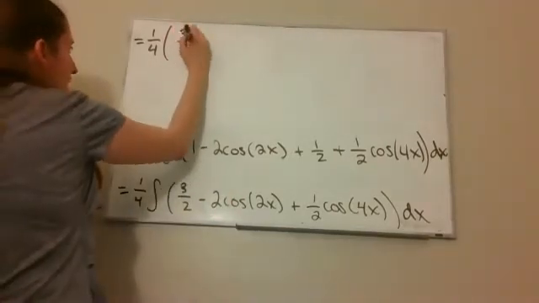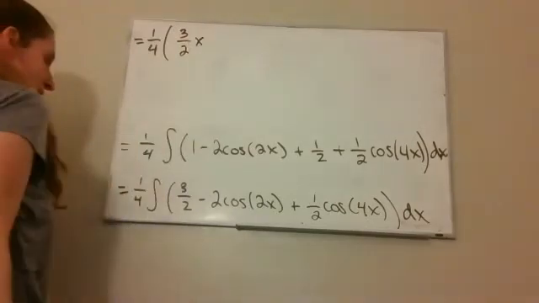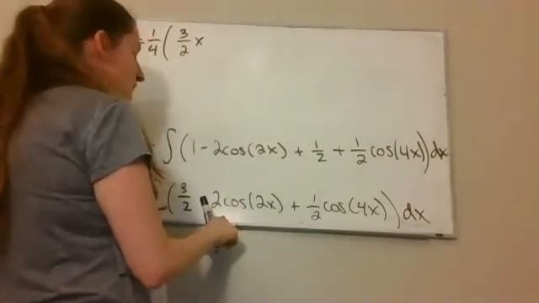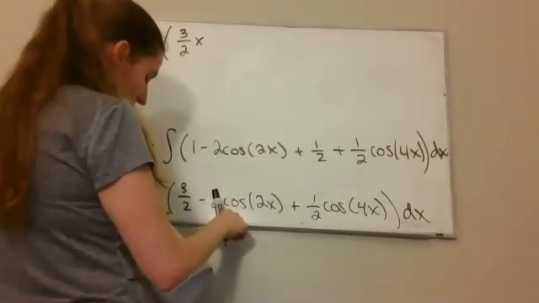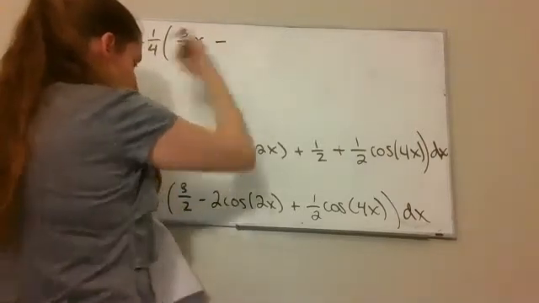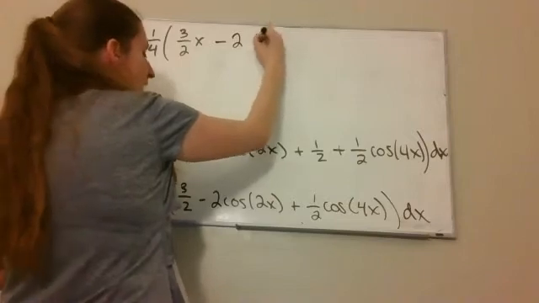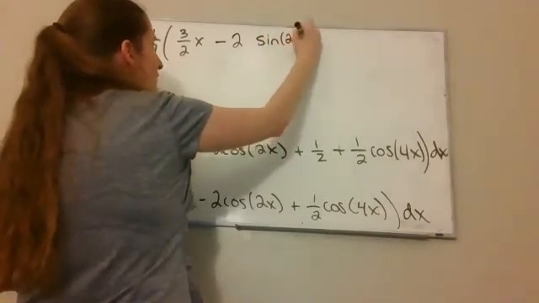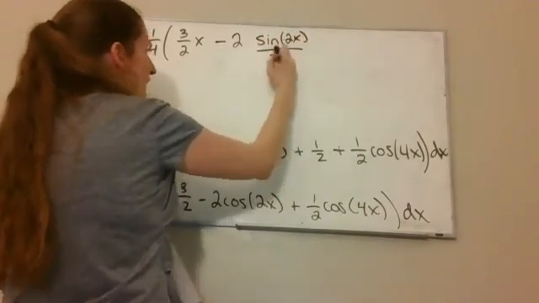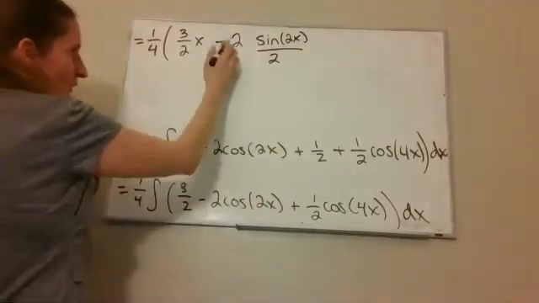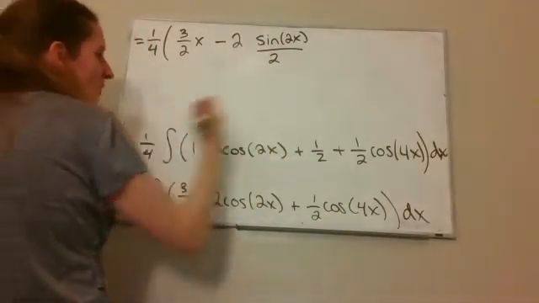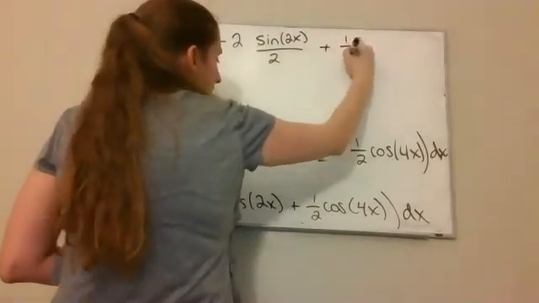Antiderivative of 3/2 is 3/2 x. Antiderivative of a cosine is going to be sine. And then I'm going to have a sine of 2x, but I have to divide by 2 using that little mini u substitution. So it's going to cancel out that other 2. Now I have this 1/2.